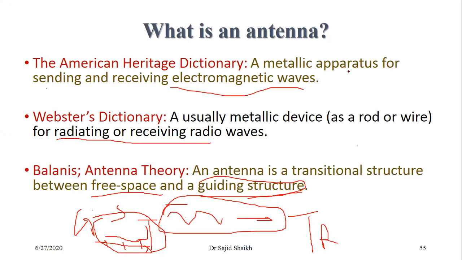One: an antenna is a metallic aperture for sending and receiving electromagnetic waves. Second: an antenna is a metallic device, or it may be a rod or wire, for radiating or receiving radio waves. And third: an antenna is a transitional structure between free space and guided structure, right? So I think you got the definition of antenna.